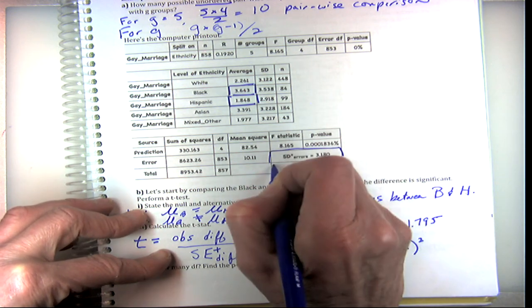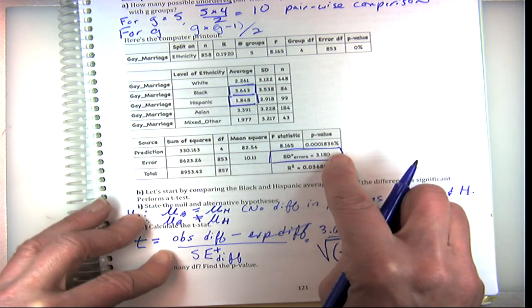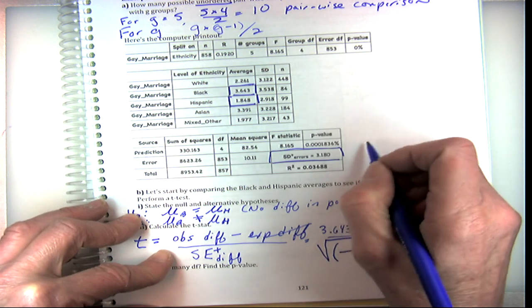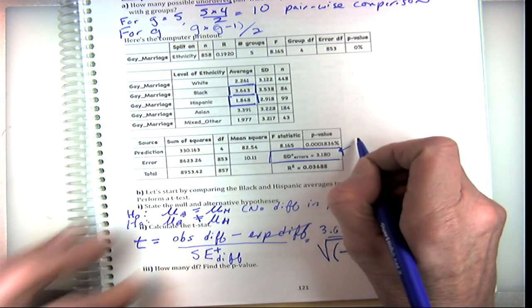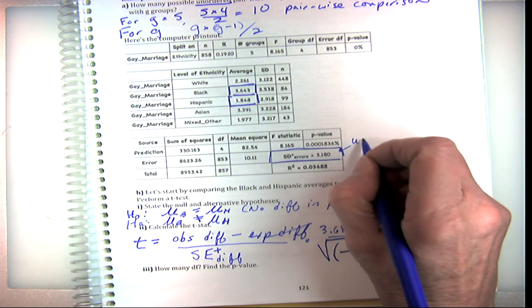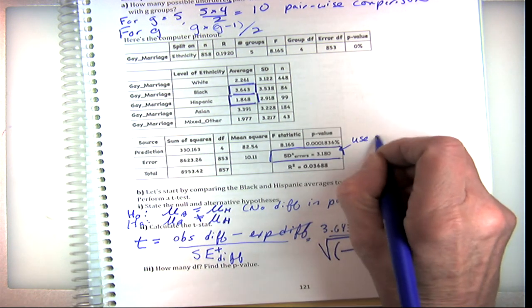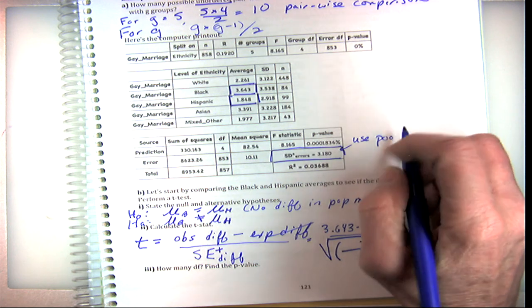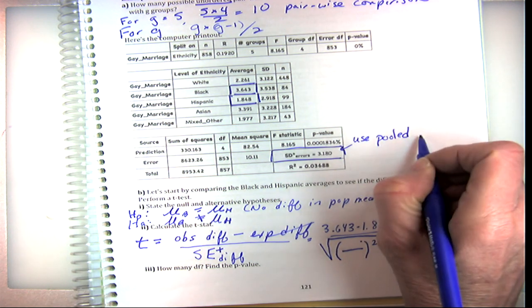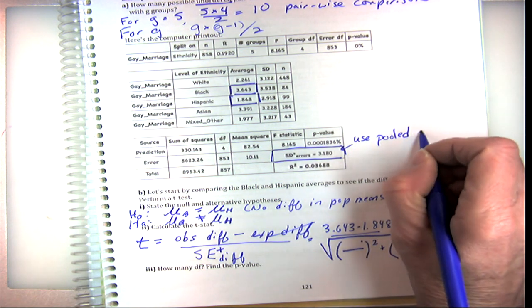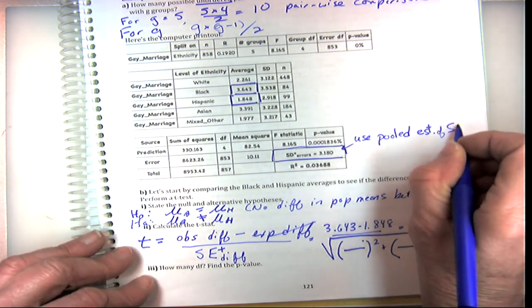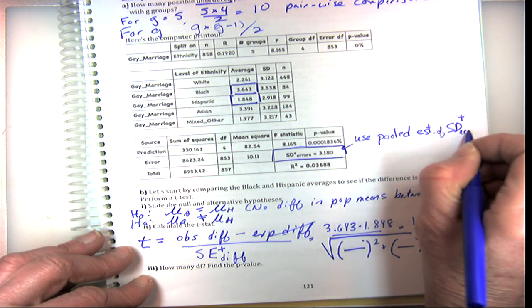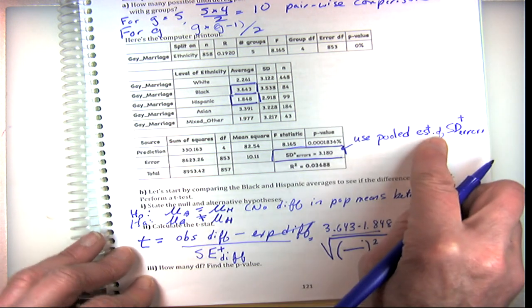This is what you use, and it's called a pooled estimate. It comes from all our observations, so it's a much better estimate. Pooled estimate of the standard deviation plus of the errors. That's what this is.